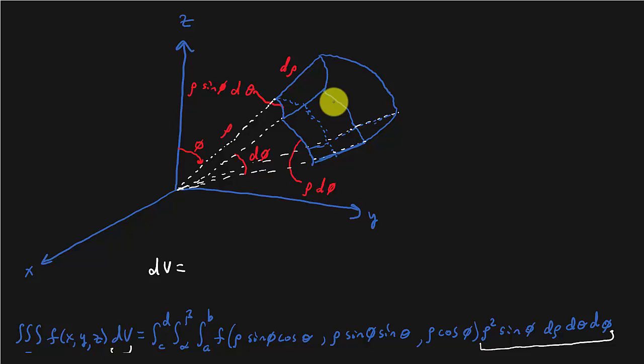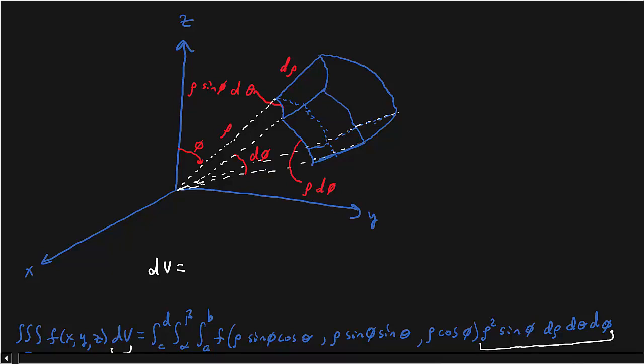Hopefully you can see that it's this length times this length times this length, and so that's going to be rho d phi times rho sine phi d theta times d rho.